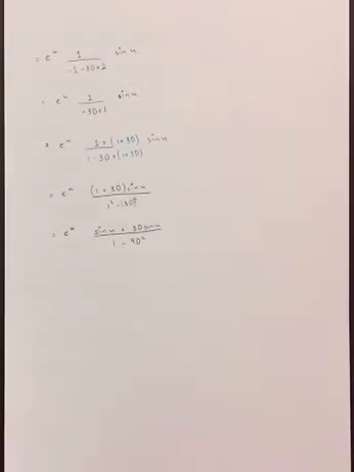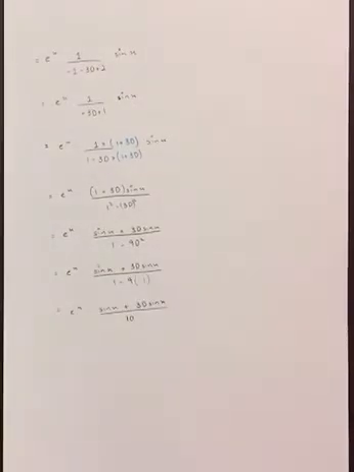Now we have a D square in the denominator, and this can be replaced with minus a square, which is minus 1. So we get e^x into (sine x plus 3D sine x) whole upon 10.